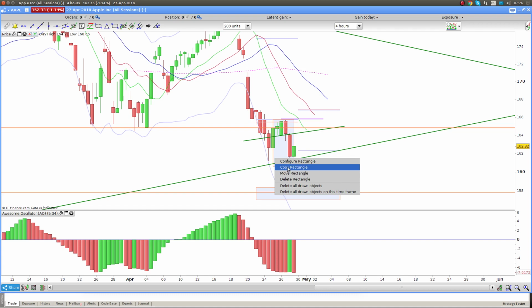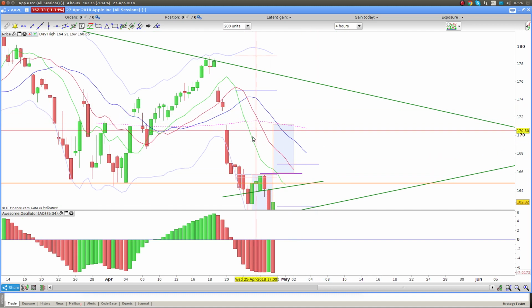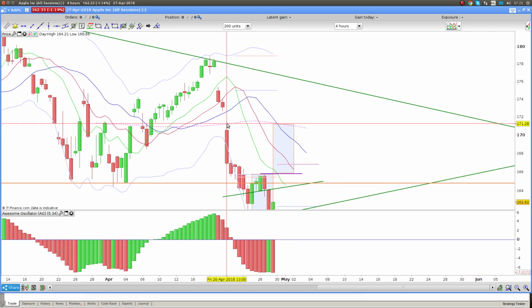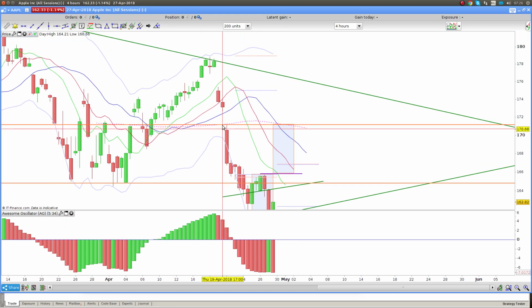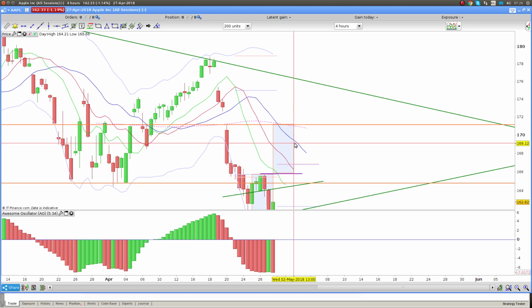Which basically means if you break to the upside, you can expect us to target this area. Now, look how nicely this lines up. It lines up with the 200 4-hour moving average. It lines up with the previous swing high, which is there. That's that area there. It lines up with there. And it also coincides with the blue line of the alligator.